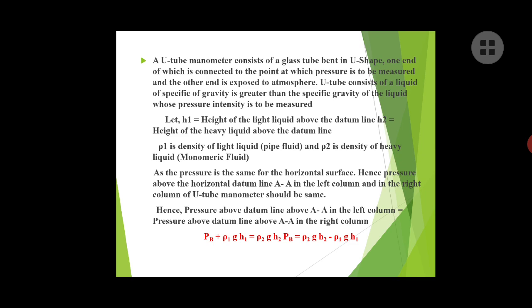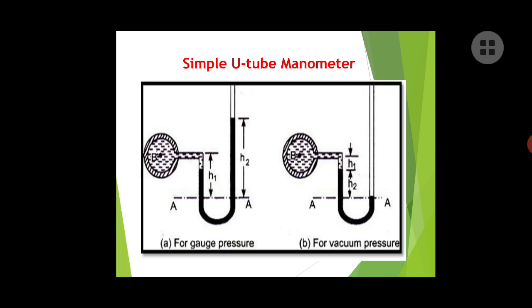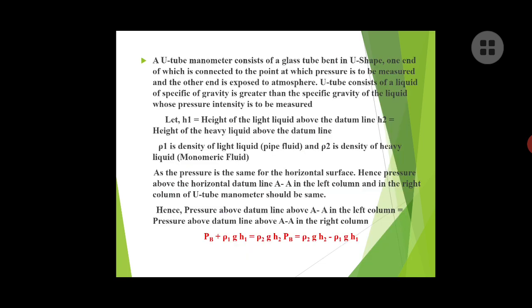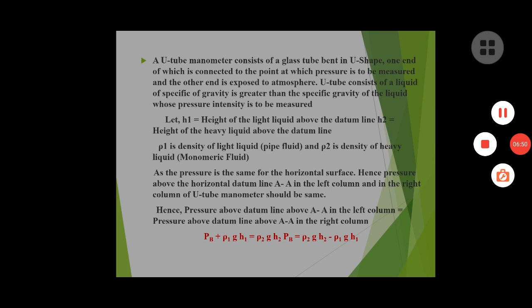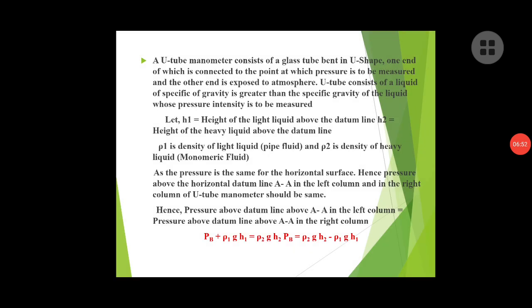Let H1 be the height of the liquid column above the datum. Similarly, H2 is the height of the liquid column below the datum, and the other end is free to atmosphere. Rho 1 is the density of the light liquid, that is water. Rho 2 is the density of the heavy liquid, which is the manometric fluid.